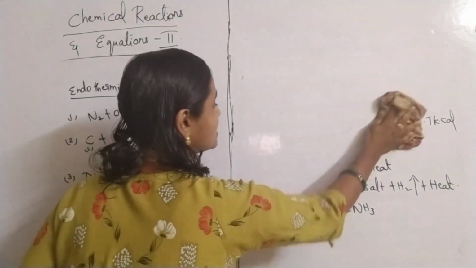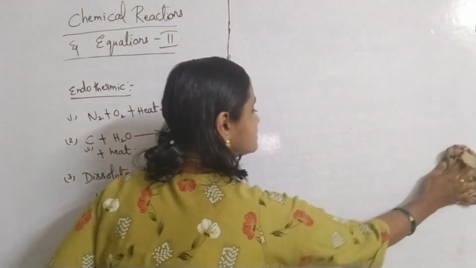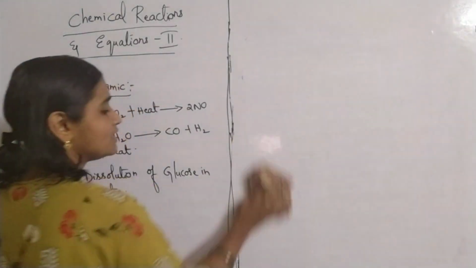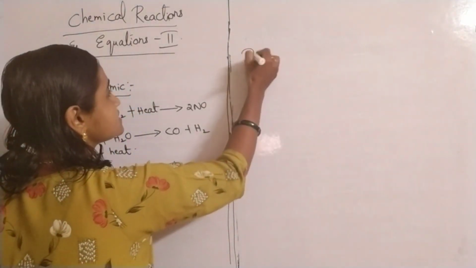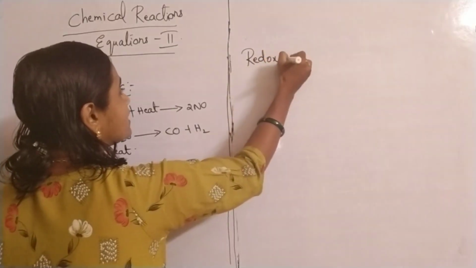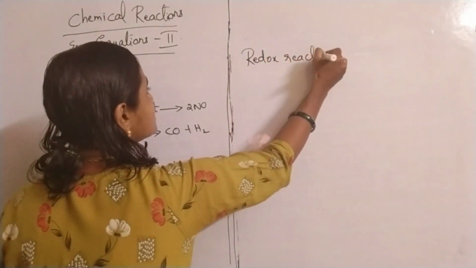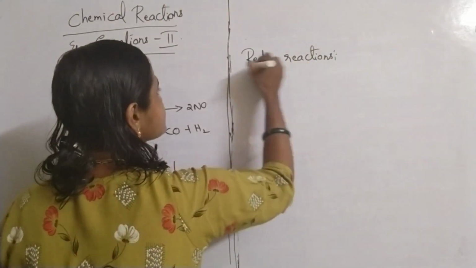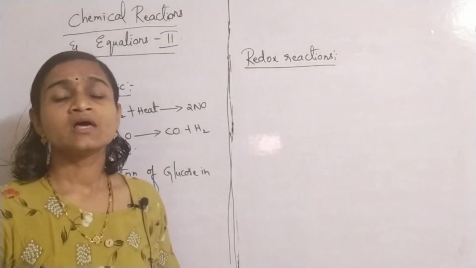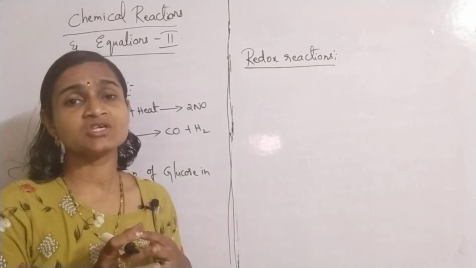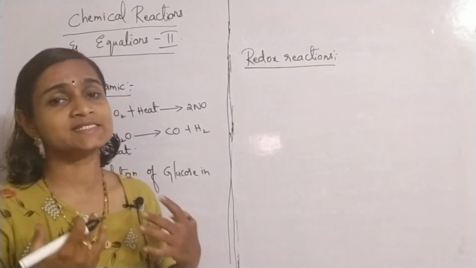And finally, another category of reactions is also there, which are called redox reactions. You have the last category, which is called redox reactions. So what are redox reactions? In the name itself it is there. Reactions in which both oxidation and reduction take place simultaneously.